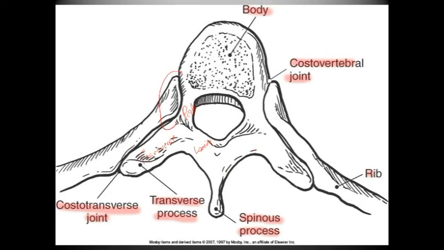And so, as the name implies, the costovertebral joint is the joint between the rib and the vertebral body. And then we also have the costotransverse joint, which, as the name implies, is the articulation between the rib and the transverse process of the vertebrae.